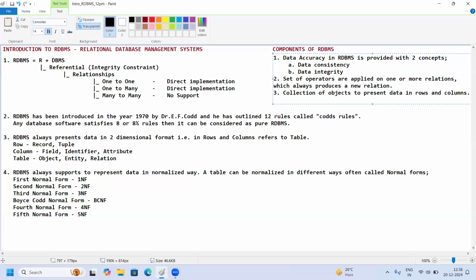It means what? One table also, data will be in rows and columns. One table also you have data in rows and columns, and multiple tables also will have rows and columns only.